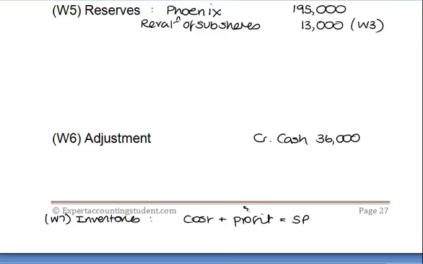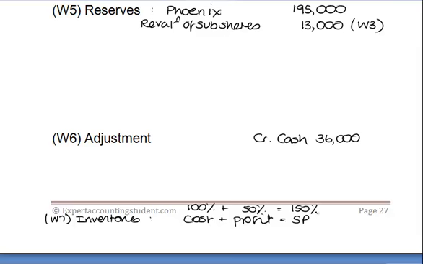And our profit is 50%. 50% of what? Well, it's cost plus. So I'm going to add that onto my cost figure. So my sales price is 150%.